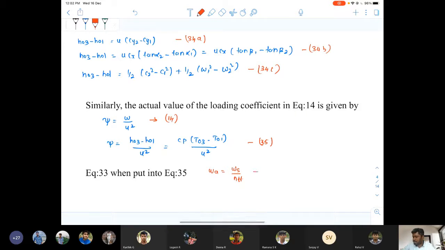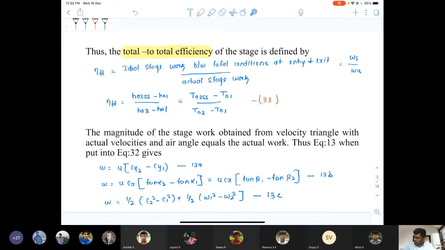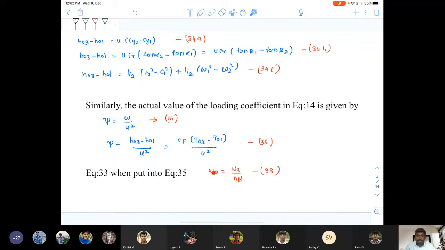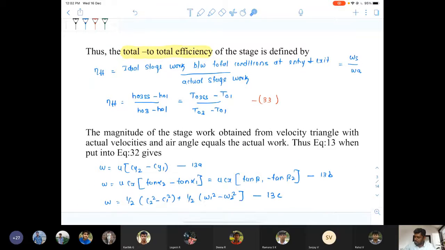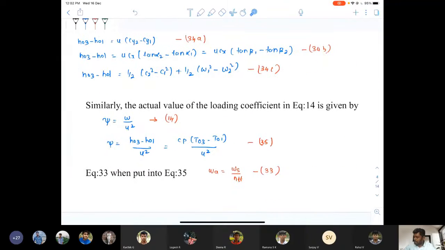That is, we know that this is the actual work, this is the ideal work, and this is the efficiency. We have just cross multiplied it and taken WA, the actual work, is equal to WS by eta TT. WS is nothing but Cp times (T03SS minus T01), divided by eta TT.